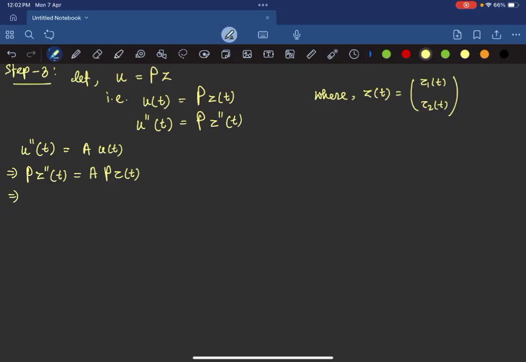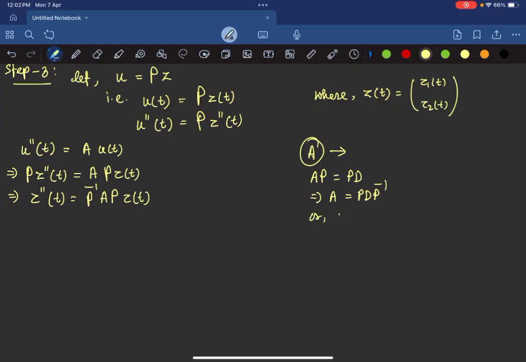So z''(t) equals P inverse A P z(t), because A is diagonalizable. Why? Because A has two distinct eigenvalues. So A can be expressed as AP equals PD, that is A equals P D P inverse, or in other words D can be expressed as P inverse A P. Okay, so we have these results.